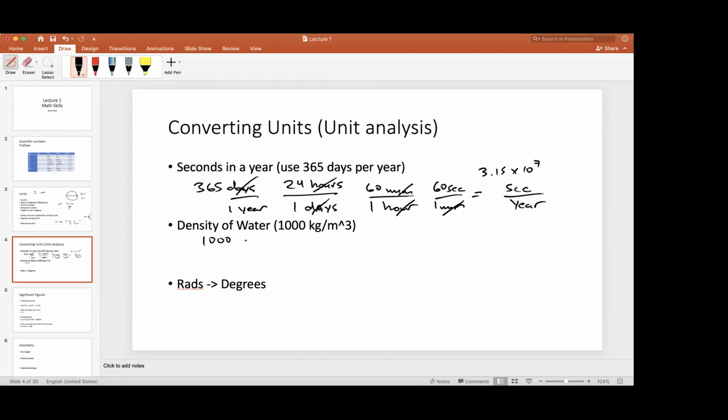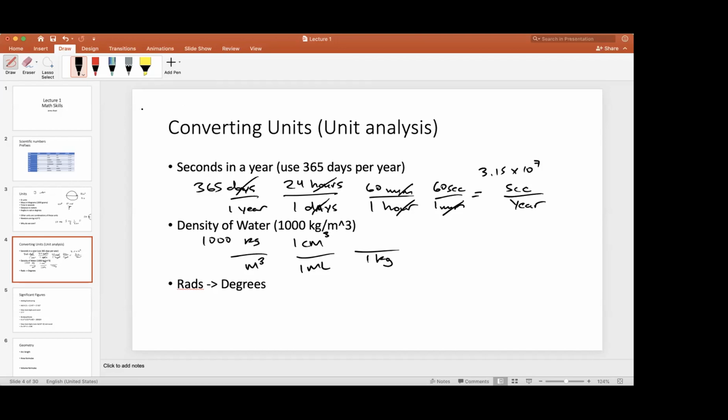So 1,000 kilograms over a meter cubed. In 1 milliliter, there is 1 centimeter cubed. If you're not, don't worry too much about this unit. This is a chemistry unit. And then how many grams are in a kilogram?